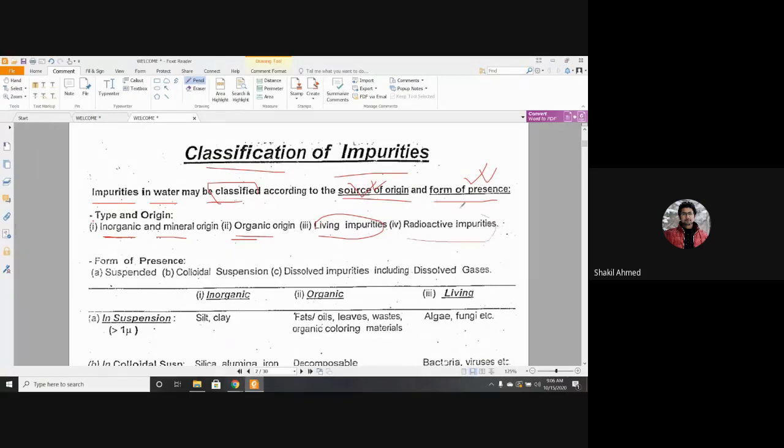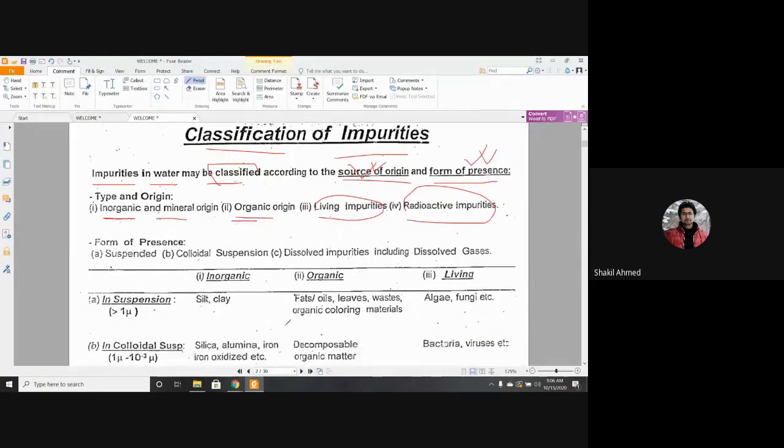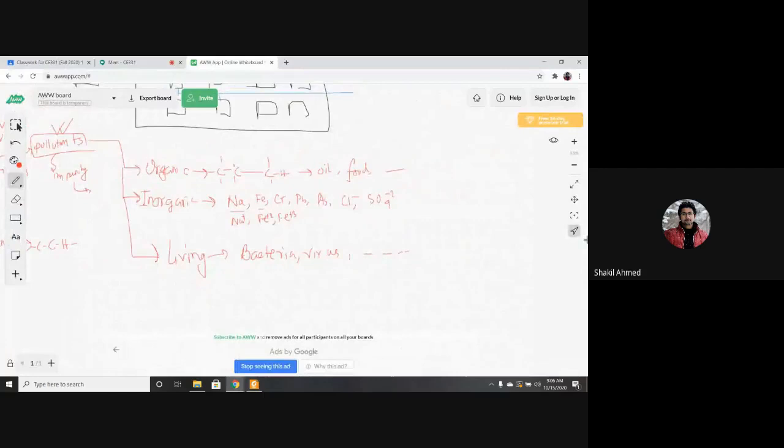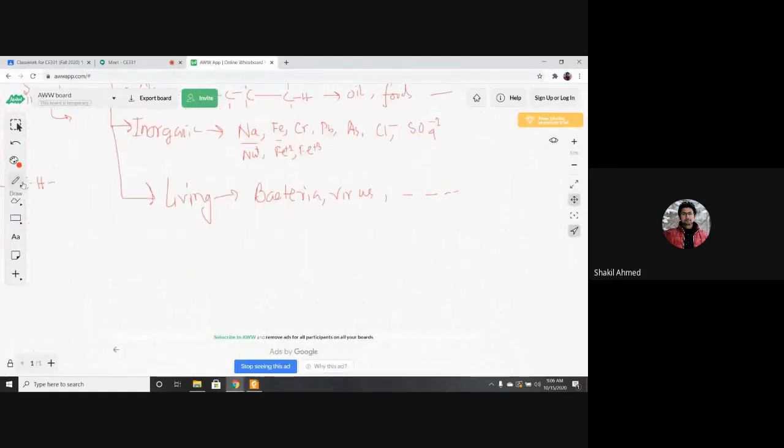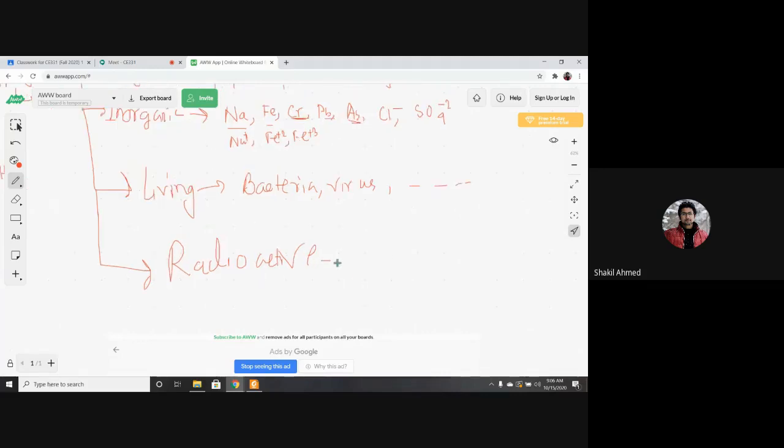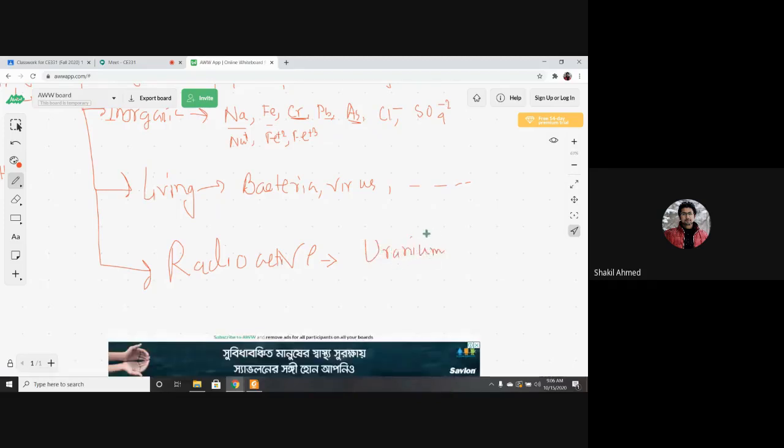And then the radioactive impurities. There is a special category of impurities, radioactive, which can radiate. It can cause cancer. Chromium, lead, arsenic can also cause cancer. Radioactive, for example uranium, can cause cancer.